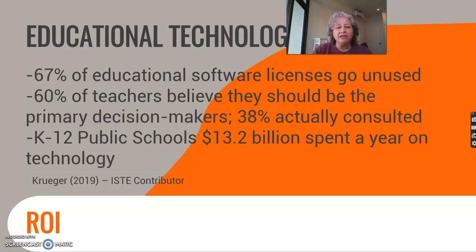That could lead to the wrong apps, software, or hardware being purchased, because it might misalign, or if there's no teacher buy-in, they perhaps won't use it. So it's best to have that communication, or it's a waste of money. This last one: K-12 public schools spend $13.2 billion a year on technology. So it is really worth it to see if your investment is going to bring a good return.